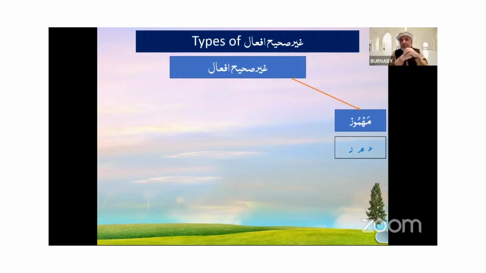Now, we remember in the previous course, when we said something is rafa, then we call it marfu. Agree? Yes. So similarly, when some root letters or some verb has a Hamza, we call it mahmuz.